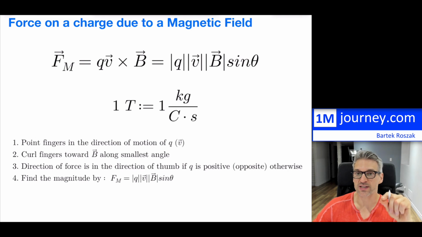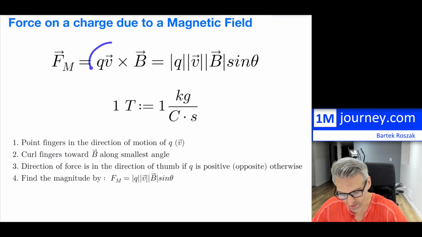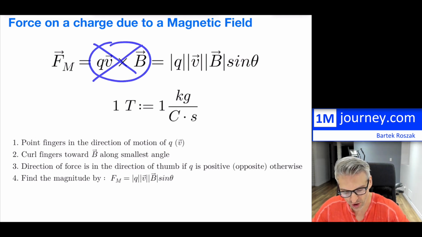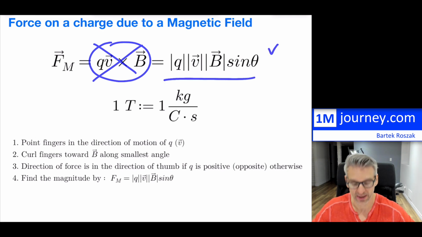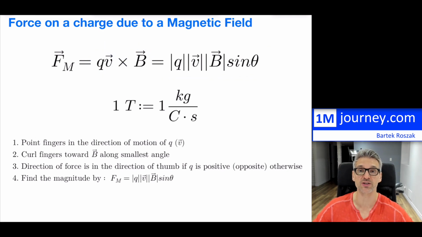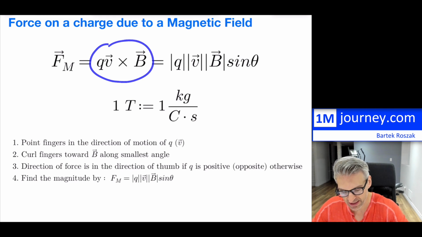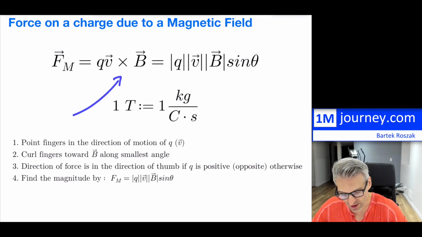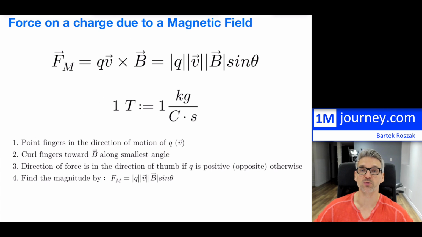Now, in most physics courses, this formula will not be introduced at all, and all you're going to see is this formula. Now, there's a key distinction between these two. The reason why professors or teachers don't introduce you to this is because they are uncertain if you have been introduced to this concept, which is known as a cross product.